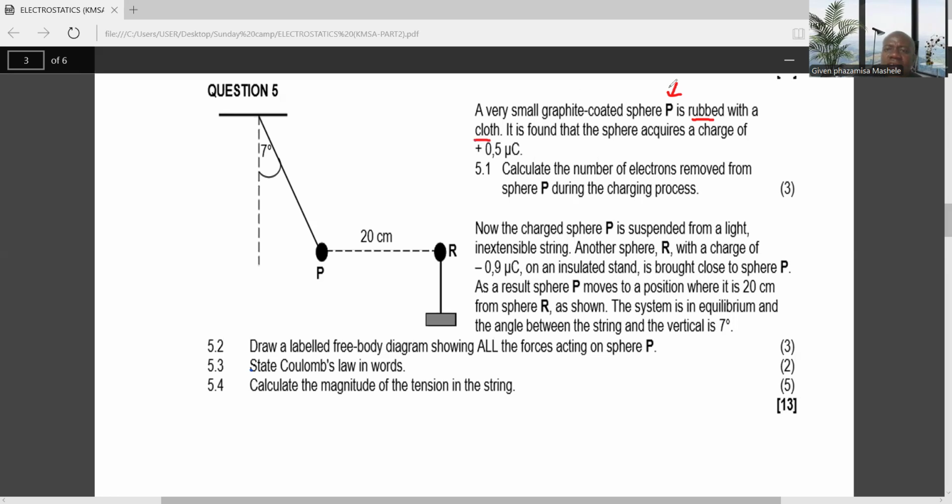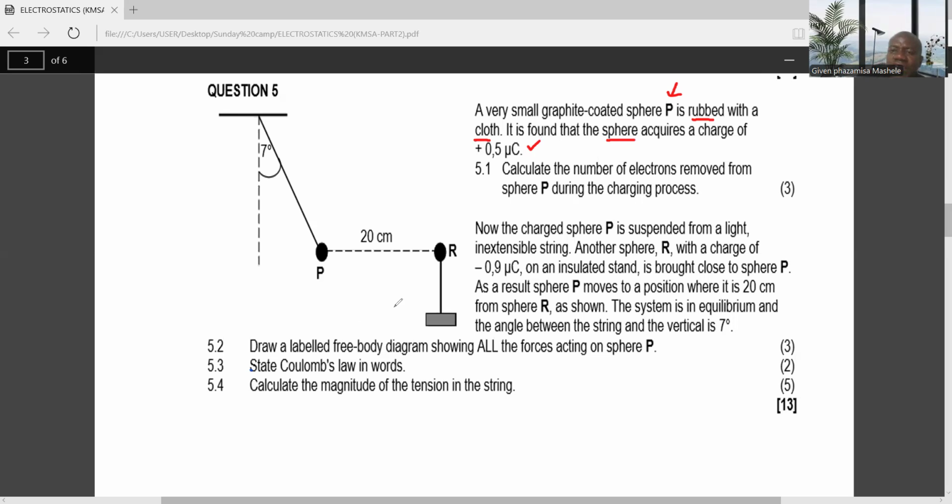So they're rubbing sphere P with a cloth, and it is found that this sphere has acquired a charge of 0.5 microcoulomb.